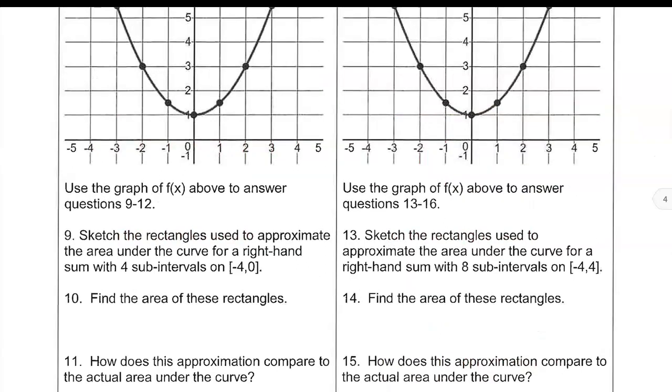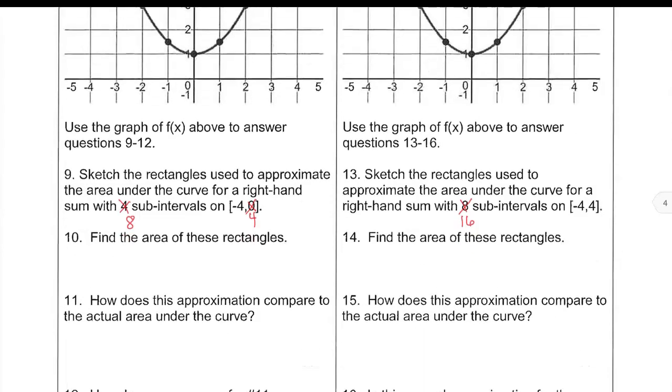On this next page, 9 through 16, I would like to look at 8 subintervals on the entire interval. So let's go from -4 to +4. And then we'll increase our number of rectangles when we do the second problem.